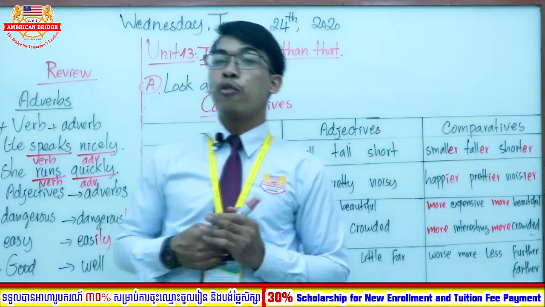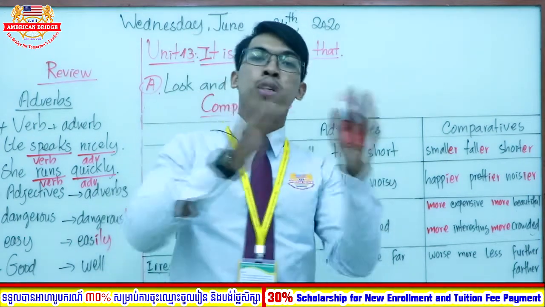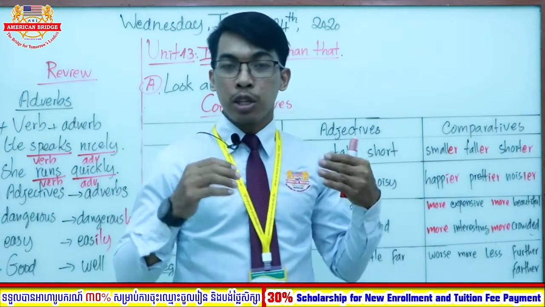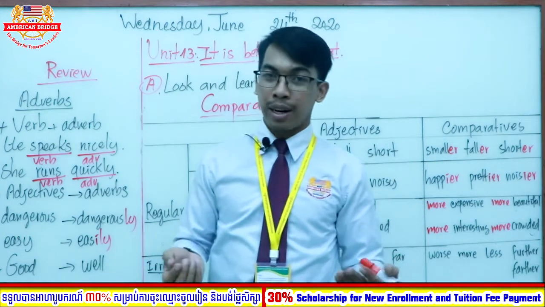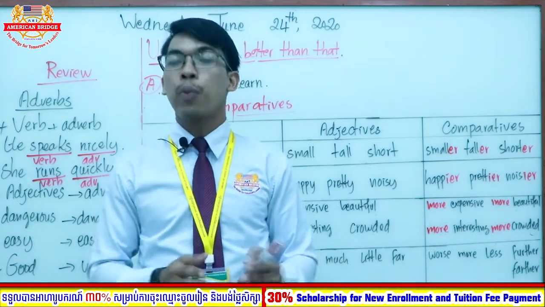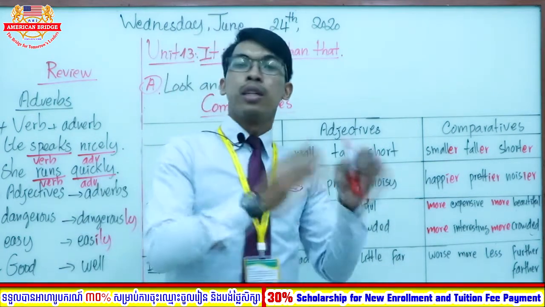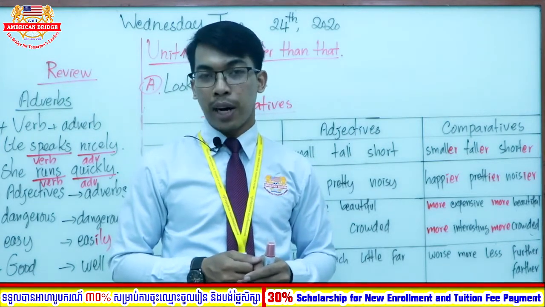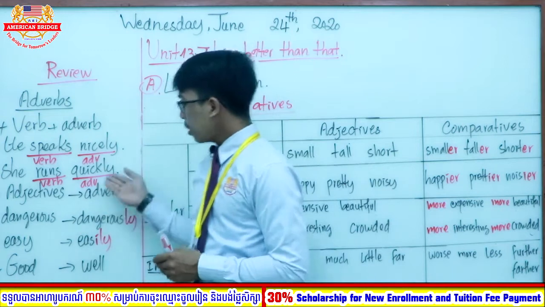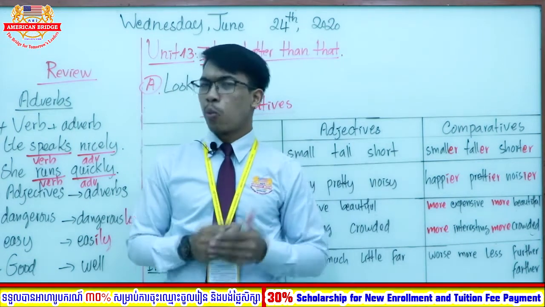An adverb modifies the meaning of the verb. She runs, she runs what? She runs quickly, right? The word quickly modifies the meaning of the verb, to complete the meaning. Very good. Teacher believes that you understand this form well.